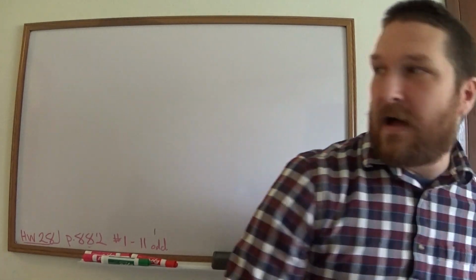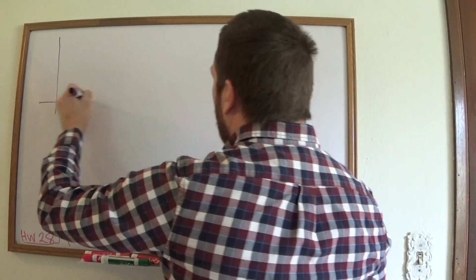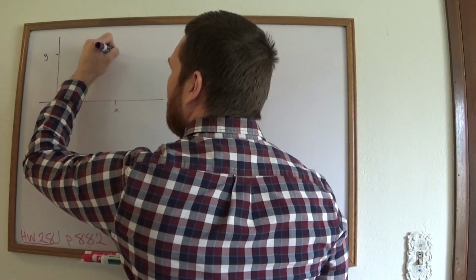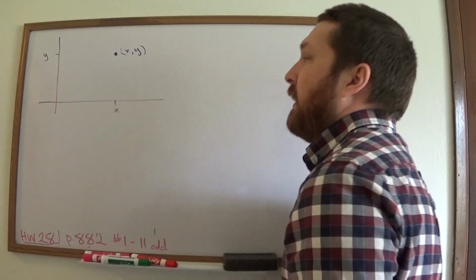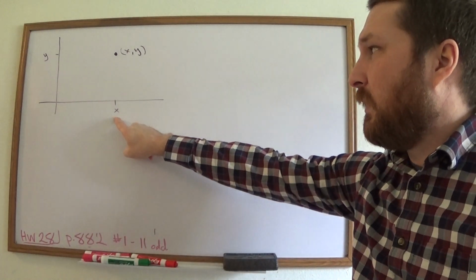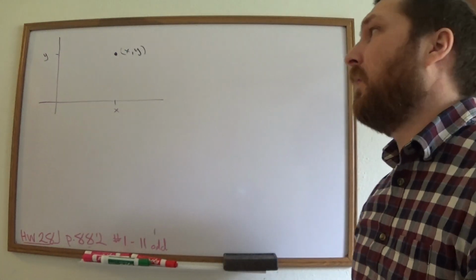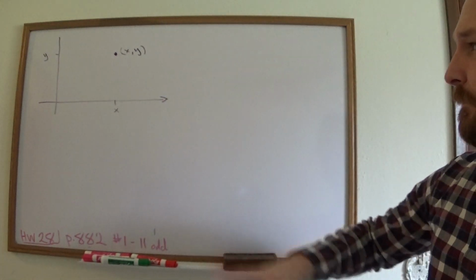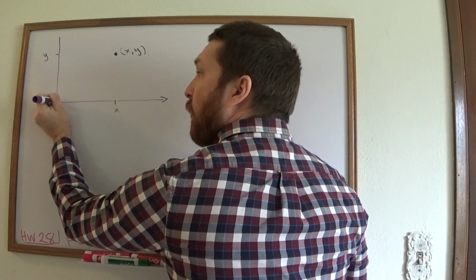Even last year, I talked about how, if given any point on the plane, let's call it xy, it doesn't matter where it is on the plane, there are two ways we could get there. I could tell you to go x units away from the y-axis and y units away from the x-axis to get there. Or, now that we know some trig, I could say, we all know where 0 is. We call this a pole, by the way.